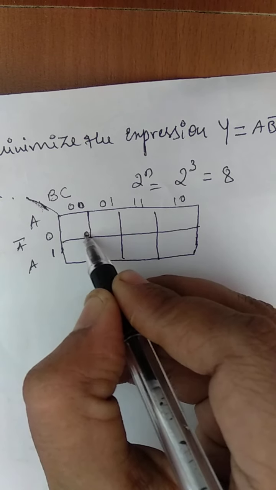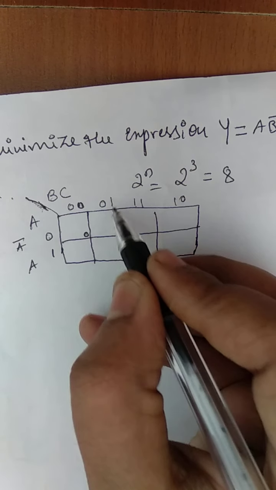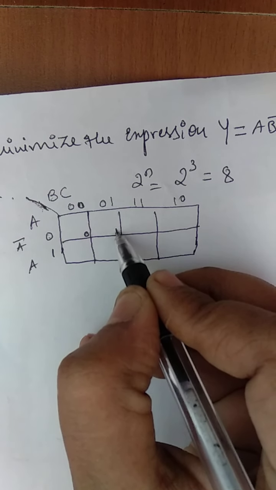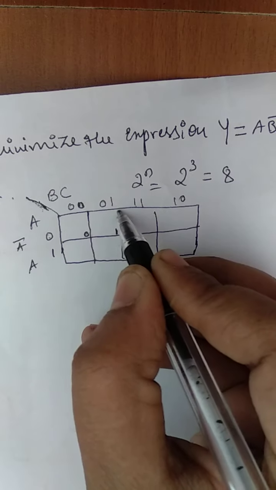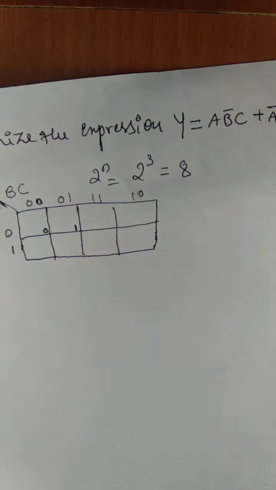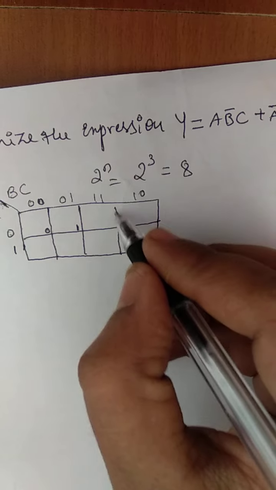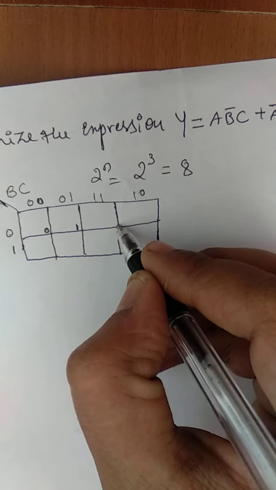It means 0. Next 0, 0, 1. It means the value of this cell is 1. Still you are not putting the value of the given expression. Just you are constructing the K-map.